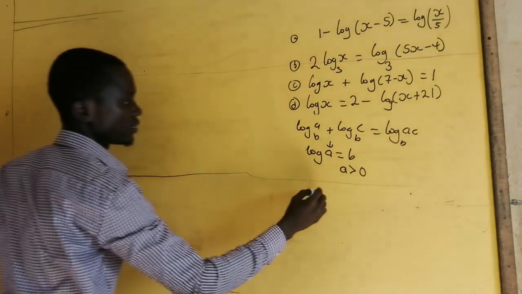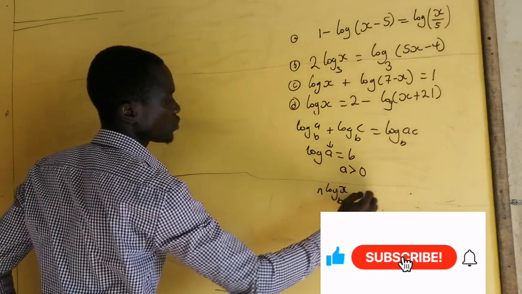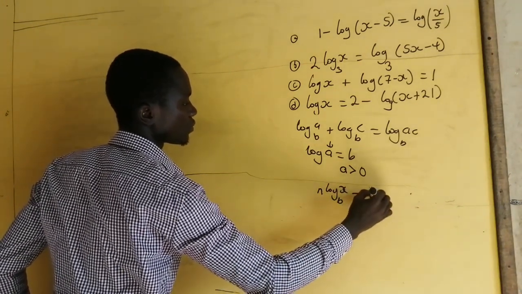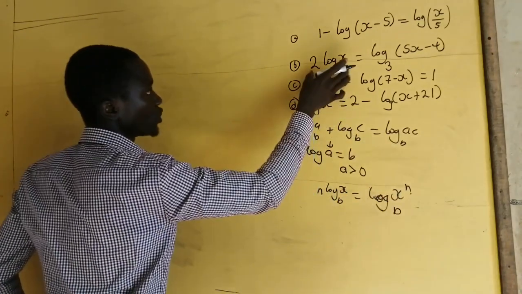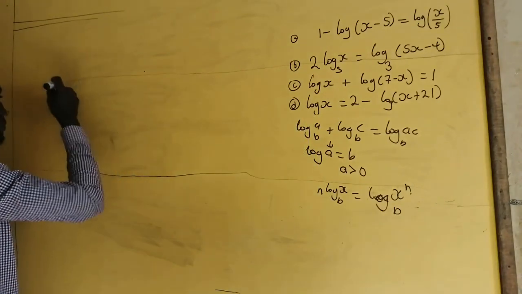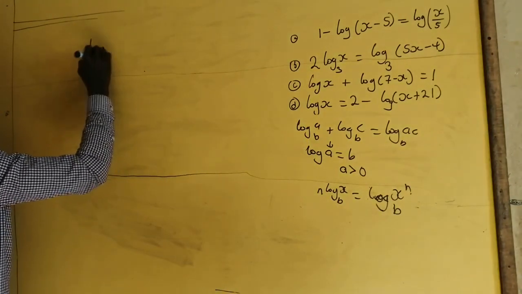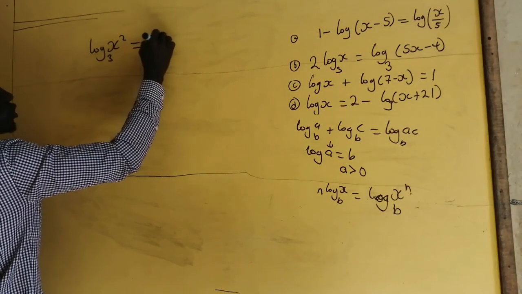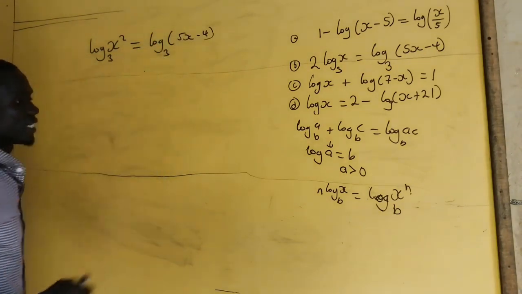To use this, n log x base b is equal to log of x to the power n base b. So this one becomes log of x squared base 3 equal to log of 5x minus 4 base 3.